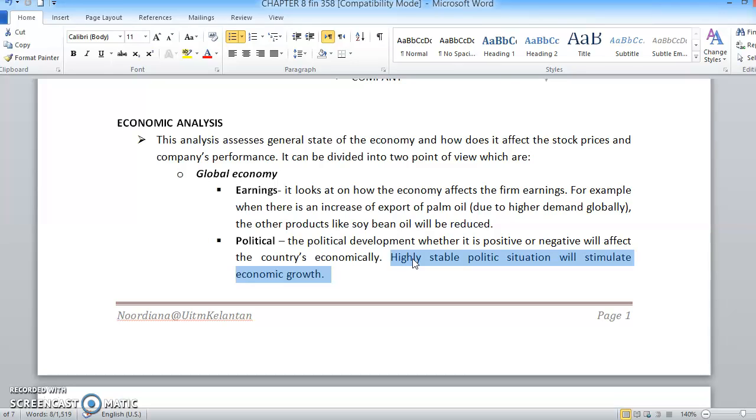So this is a kind of highly unstable situation for our country. And of course, if you take a look at the stock prices at the bursa and so on, during this time, the stock prices are not showing a good or a bullish situation for a long time, right?